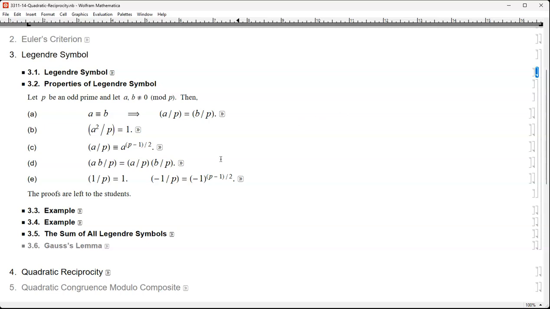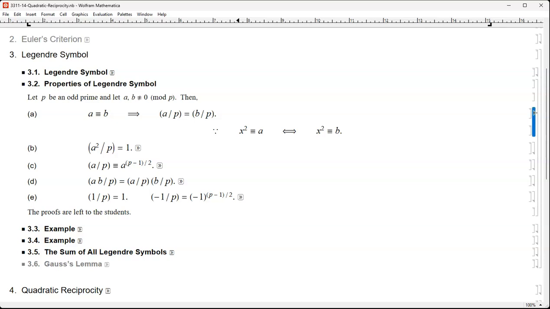Among those, the most important is this one here. Let's begin from the top. If A and B are congruent modulo P, then A over P and B over P are the same. So they are both positive 1 or both negative 1, because A is a quadratic residue if and only if B is.